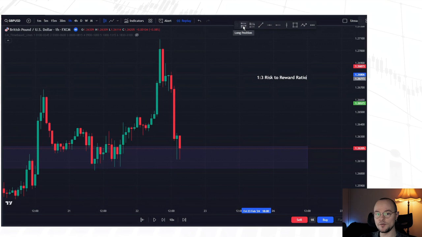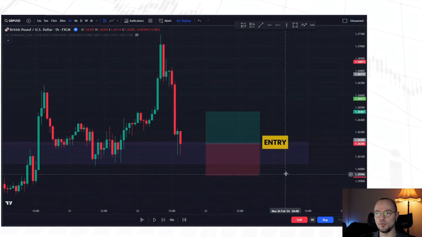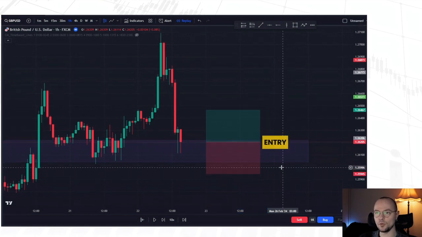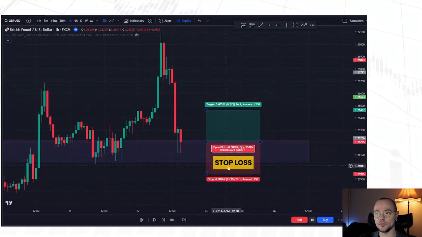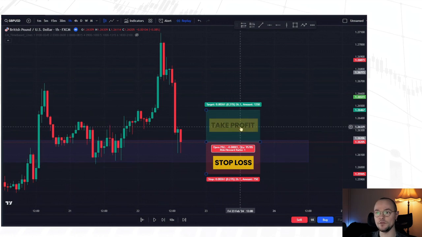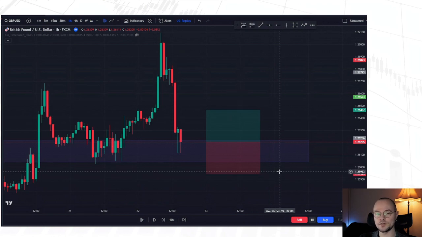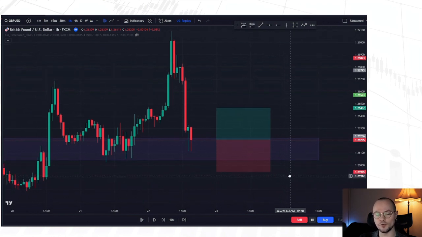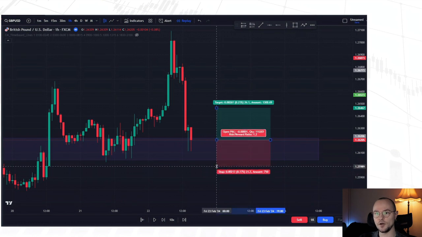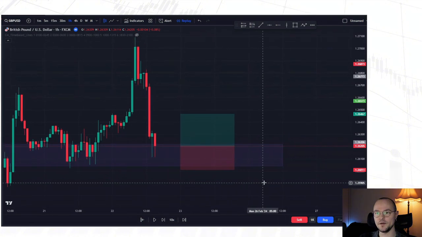I'll use the long position tool here because we are going to be buying, and let's say that I enter at this point right here. Now, the red area is going to be our stop loss, and the green is going to be our take profit. So for a 1-to-3 risk to reward ratio trade, how am I going to do this? Well, first what I will do is I will predetermine my stop loss. Let's say I have my stop loss just below these levels here.